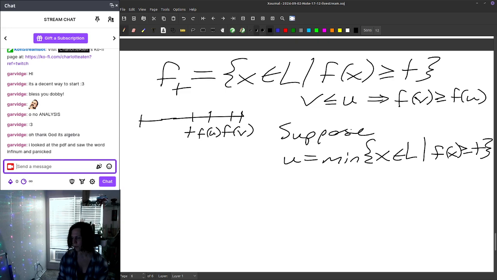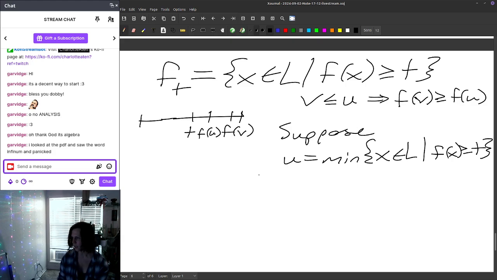There certainly must be such a thing. There has to be such an element, because there's only finitely many things in our lattice, right? But then this condition is telling us if v is less than or equal to u, then f of v is greater than or equal to f of u.